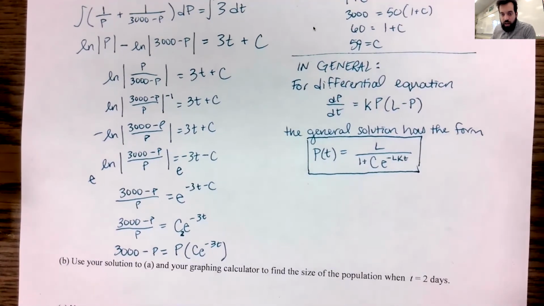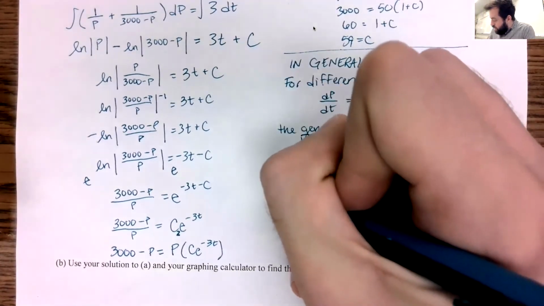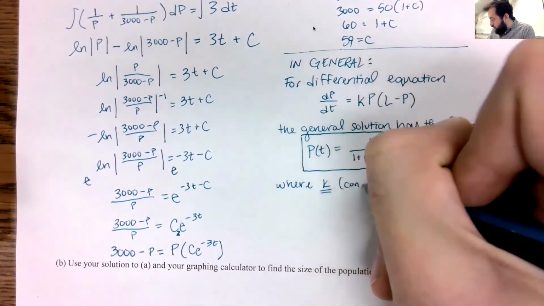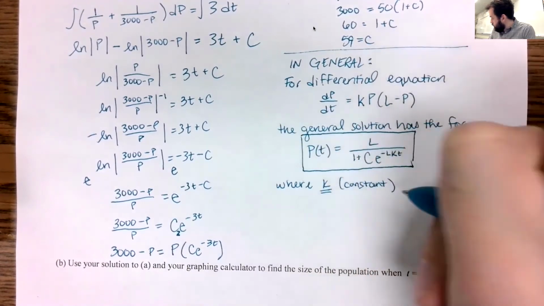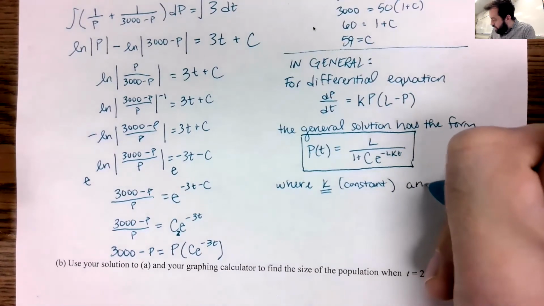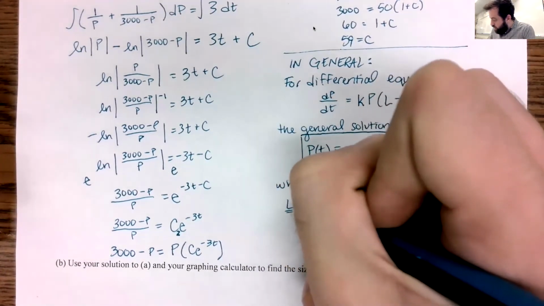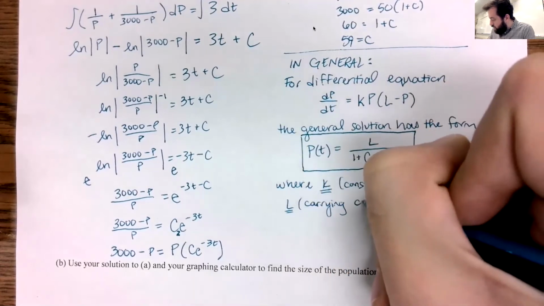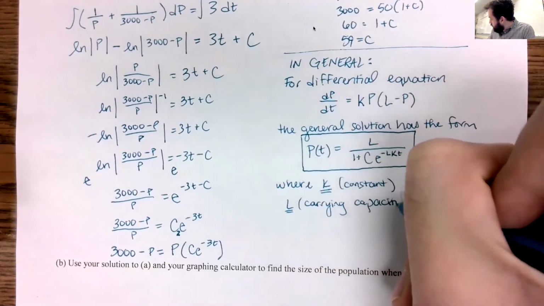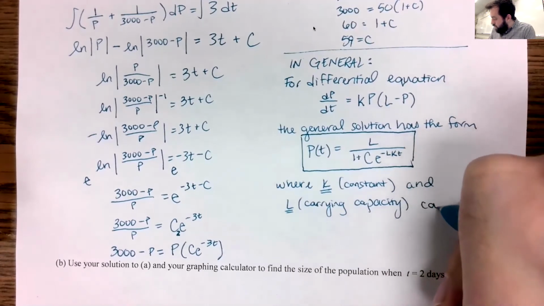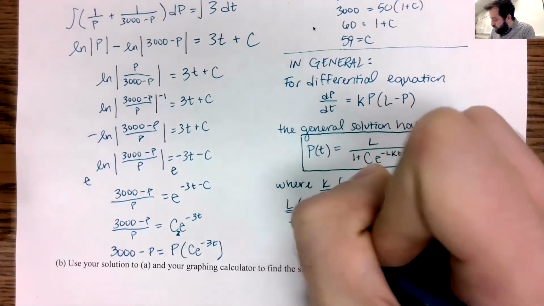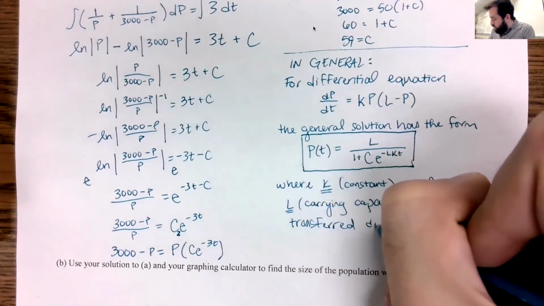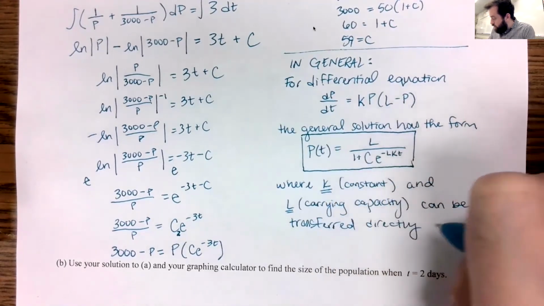And I'm going to write a couple extra pieces down here. I'm going to say where k, which is a constant, and L, which is the carrying capacity, can be transferred directly between the two equations.